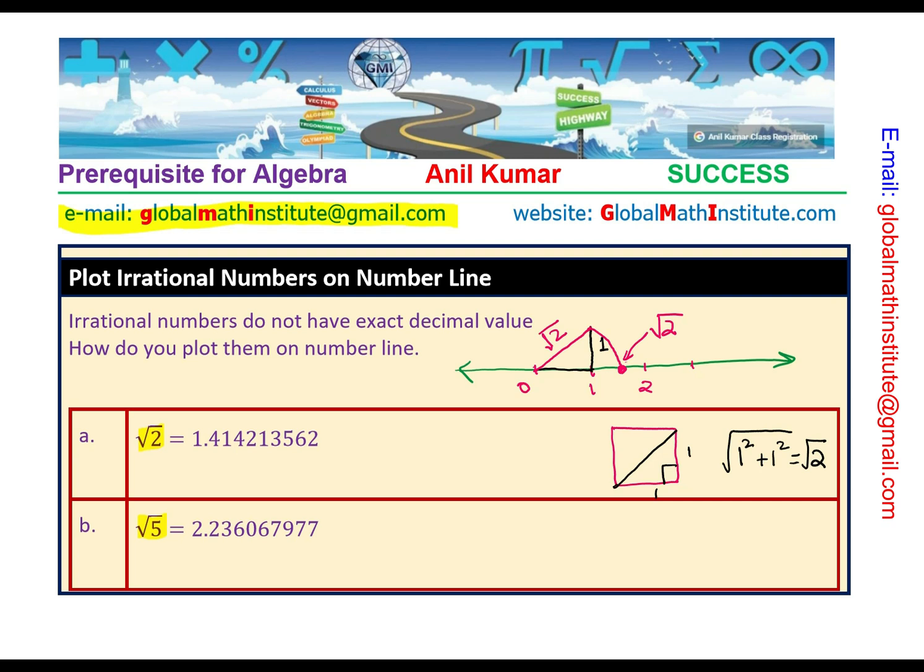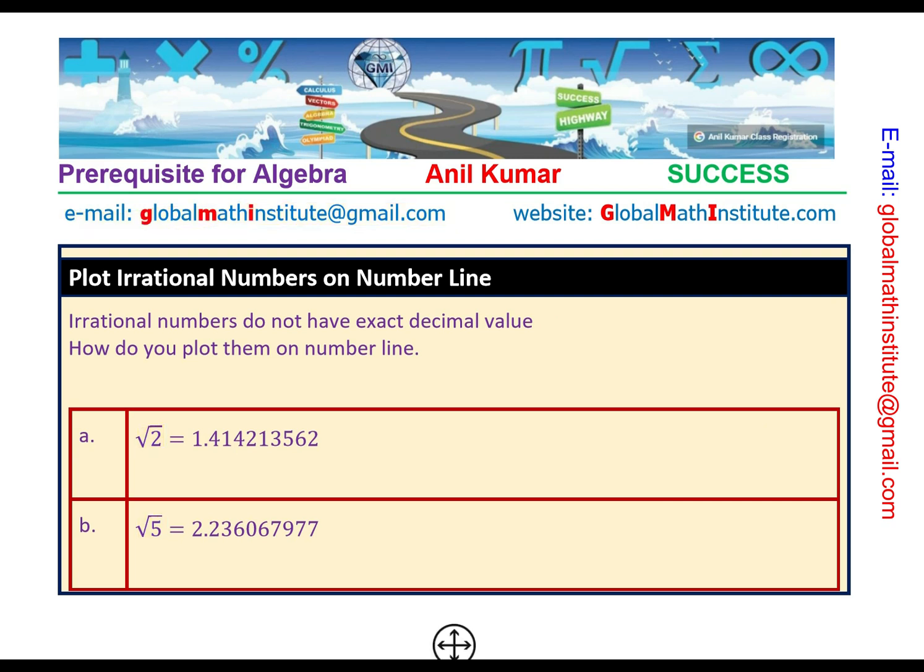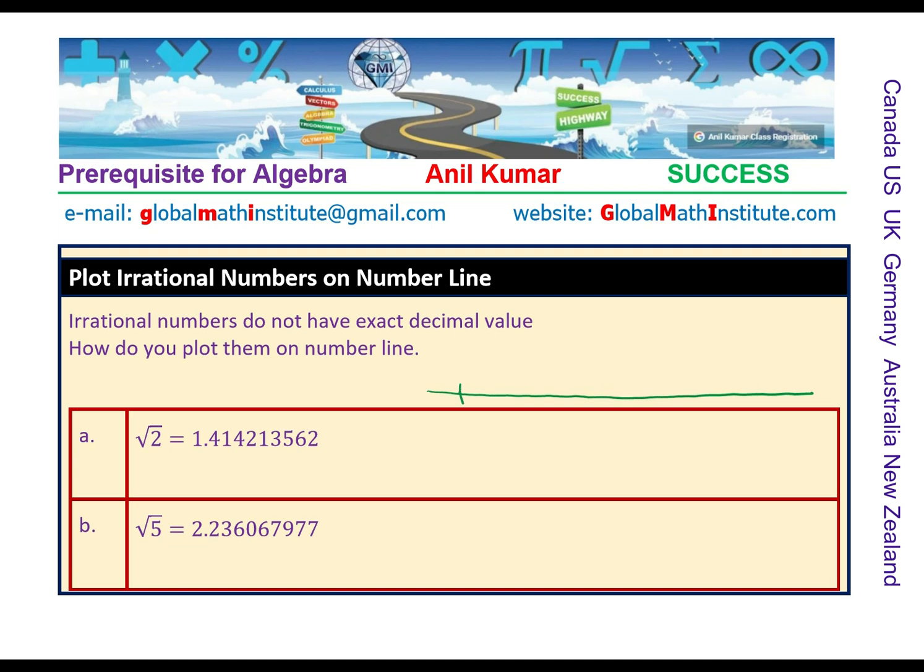As an exercise, what you can do is now plot square root 5. So here is a blank page for you to plot square root of 5. How do you do that? So go back to a number line, on which we need to get the value of square root of 5.